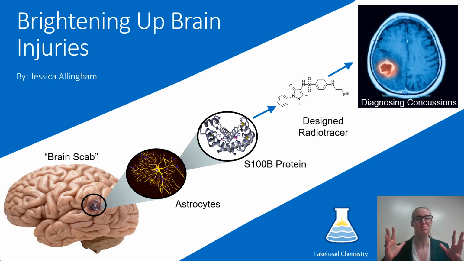And that big, bright red spot highlights where the injury is found in the brain, and it also lets us know whether or not an injury is present. Therefore, with the successful completion of my research, as outlined on the slide, we will have an effective and objective way of diagnosing concussions by brightening them up.